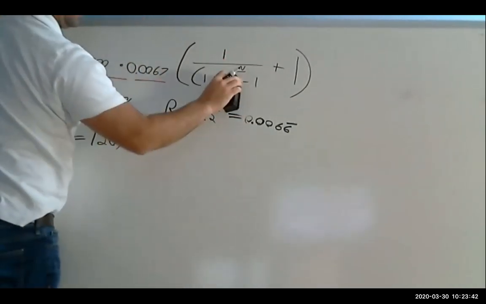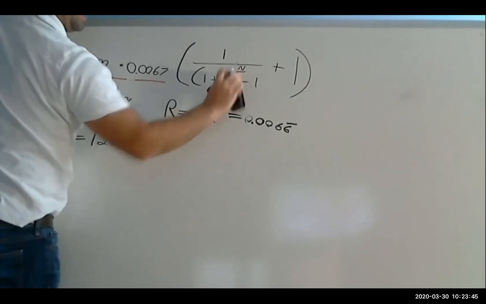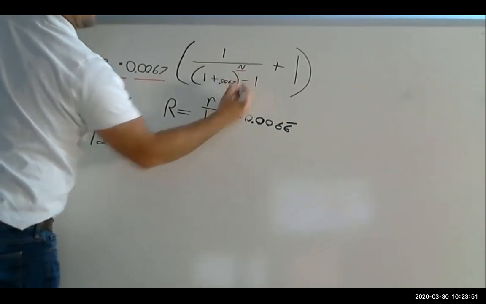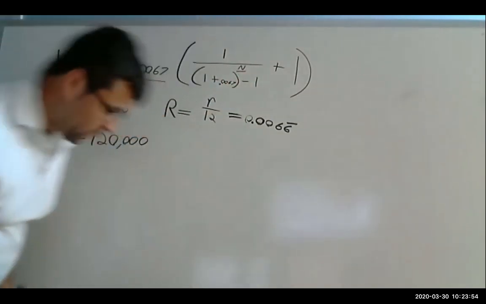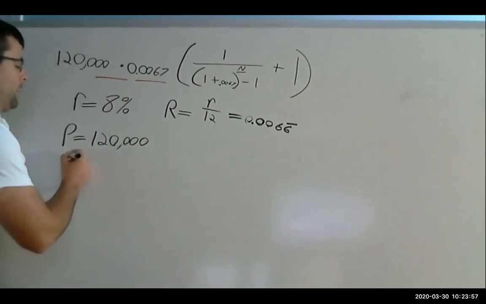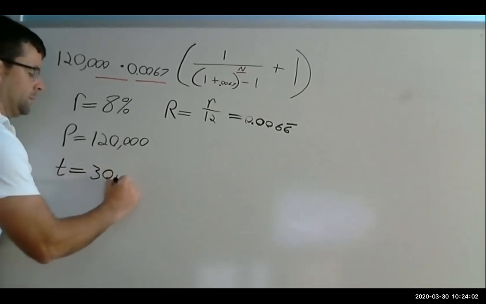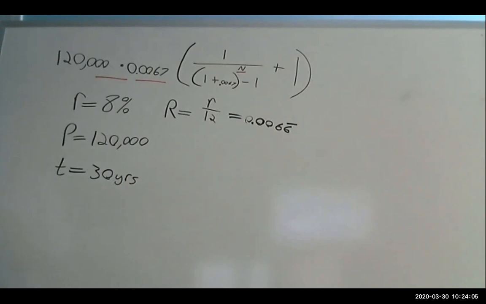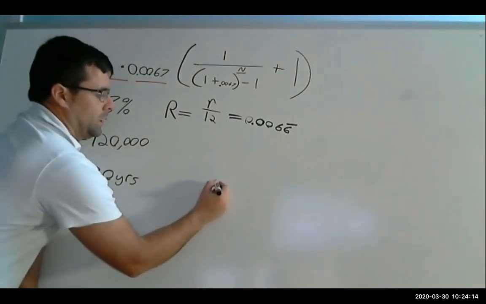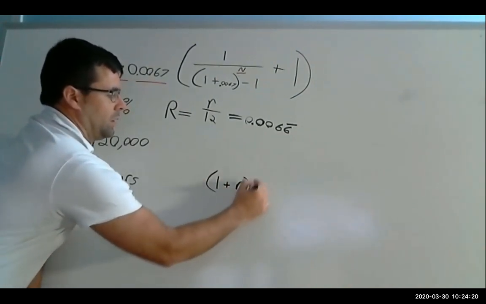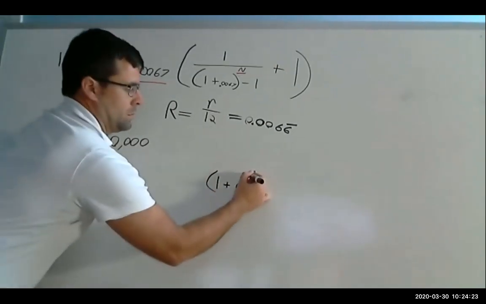What about N? It's the last one we need. What is N? Would it be 30? 30 years? So you're on the right track. It's definitely going to have something to do with T, which is 30 years. Remember, in our original equation, it had something that looked like this: 1 plus little r to the t, right?